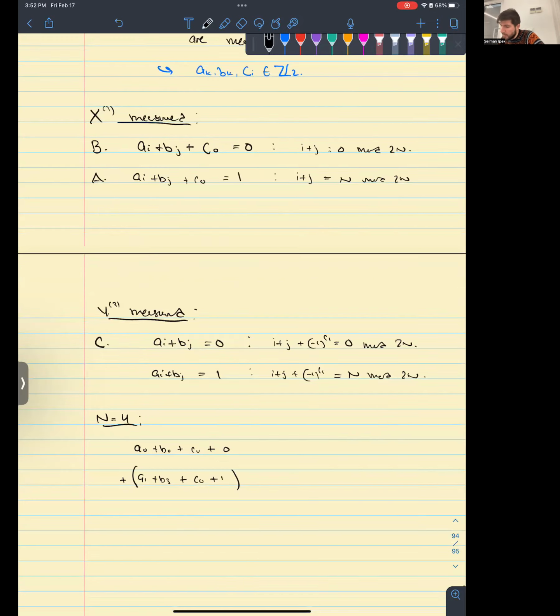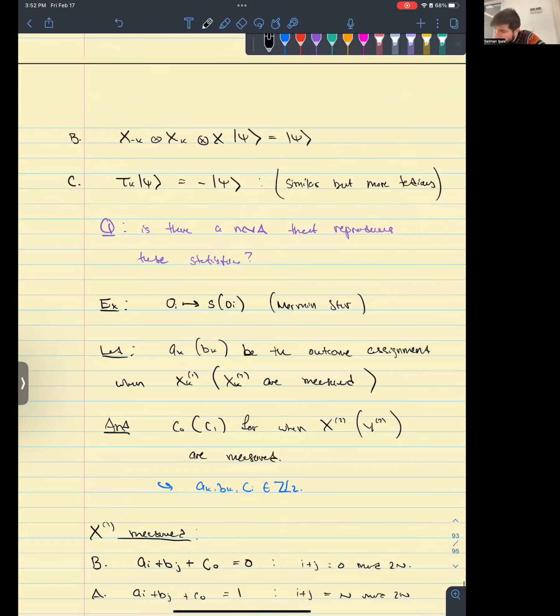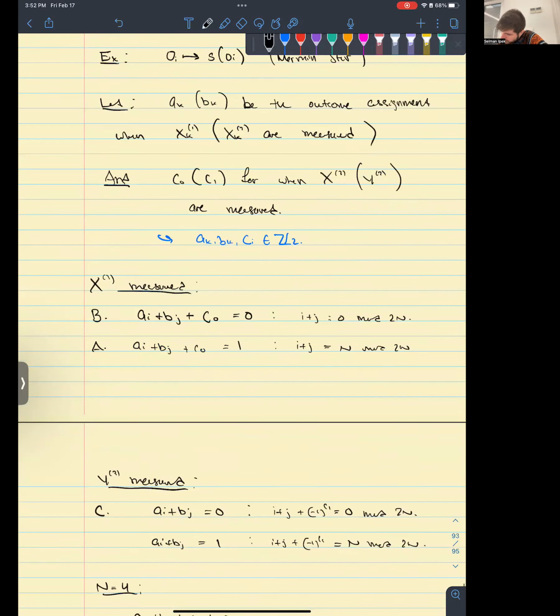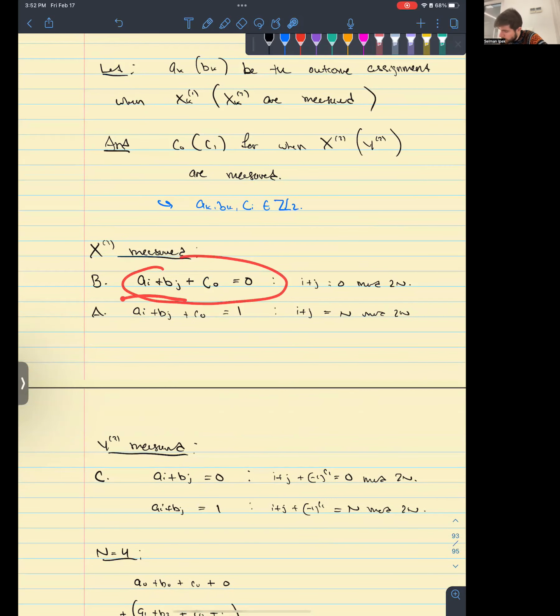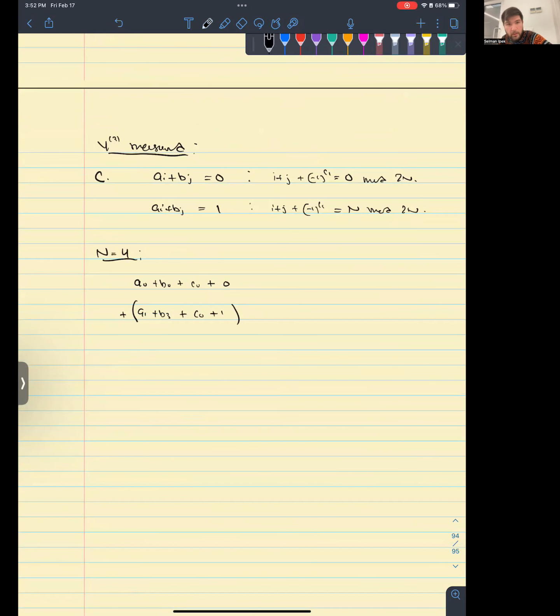So what am I doing? I'm taking equations from this set and this set as well. So take this one and then take these sets, the ones that I'm about to write down. A2 plus B2 plus C0 plus 1.